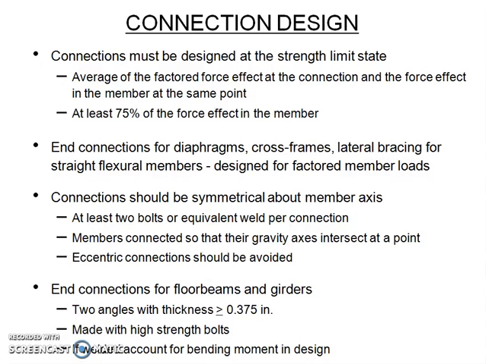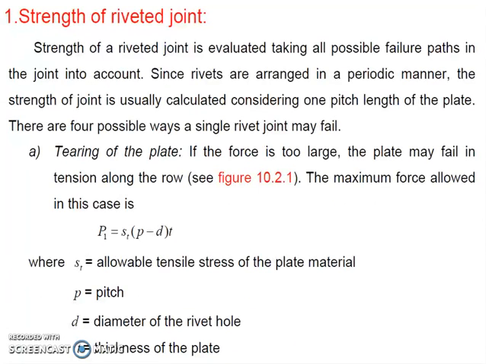Now coming to rivet connections. Since rivets are generally fixed or permanent fixtures, which means unlike bolts, you cannot change them or open and remove them, we are very much concerned with the strength of the joint that we are going to provide.